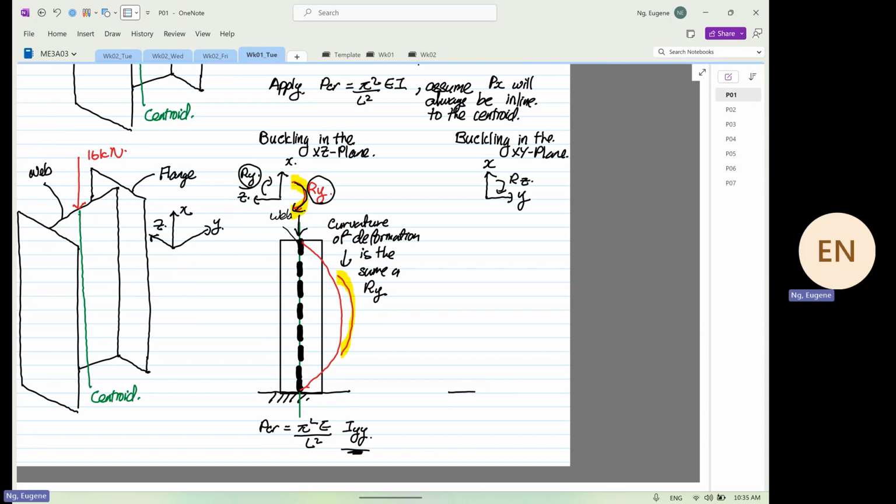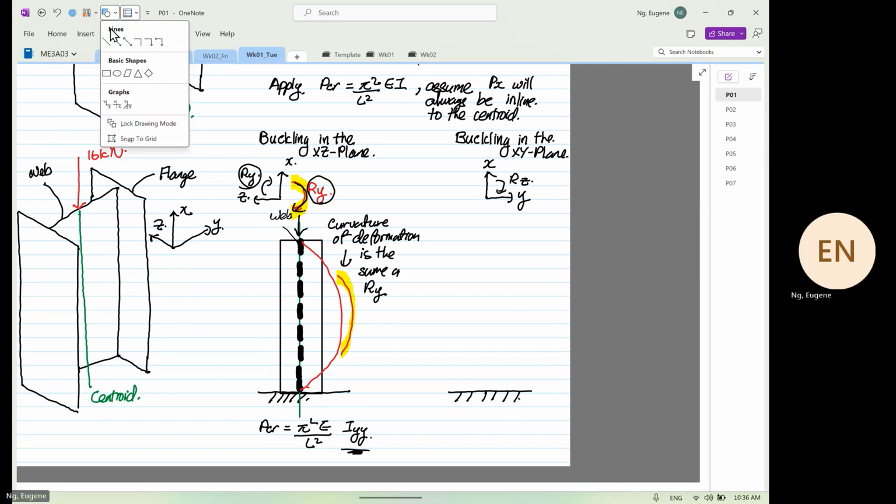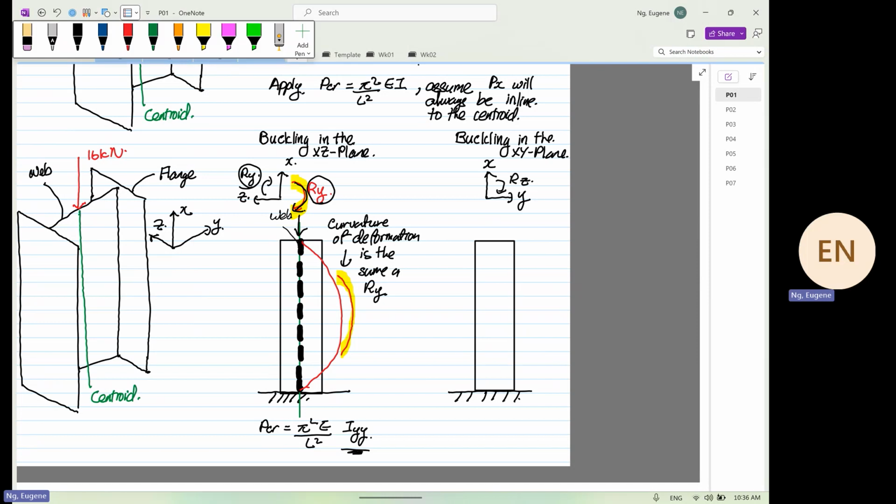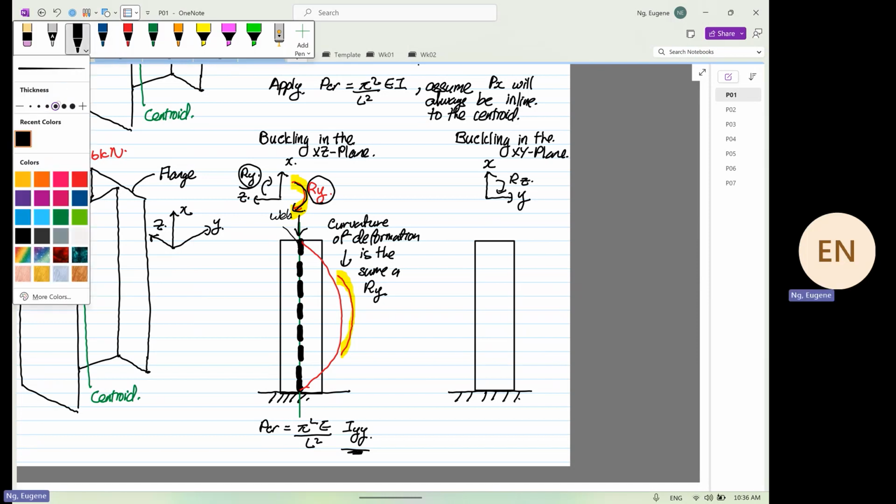I'm going to sketch how buckling will occur now. This is our structure, built in at one end, and this is our structure, same height. Then I'm going to sketch the centroid, in green.